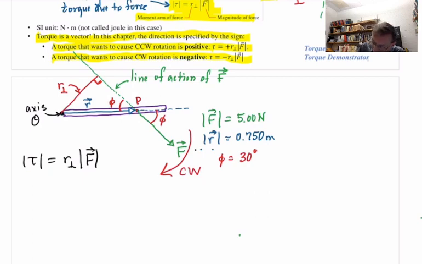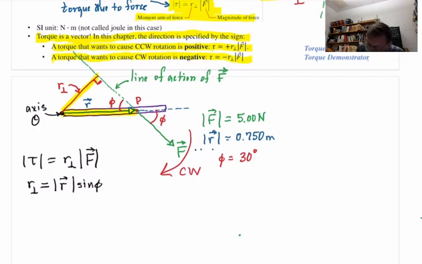Then I see from trig that this length right here, R perp, because notice I have a right triangle, is the hypotenuse, magnitude R, times the sine of phi. R perp in that picture is magnitude R times sine phi.